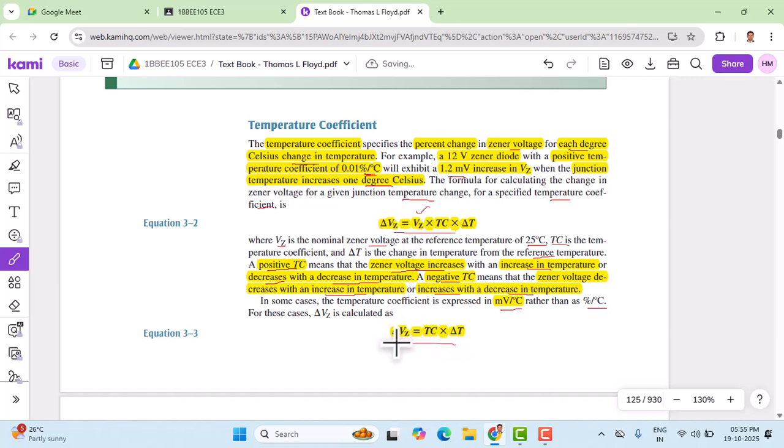So delta Vz changes to Tc, with the temperature coefficient mentioned in millivolt per degree Celsius instead of percentage per degree Celsius, times delta T, the change in temperature from the reference temperature.